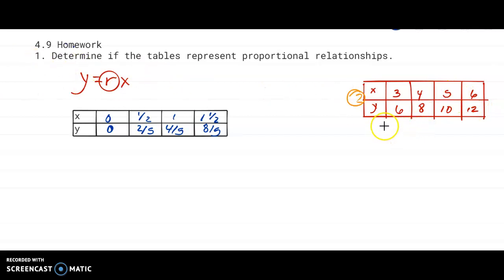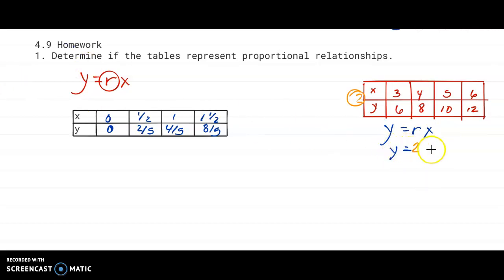So, if we have the formula y equals rx, and we look at it, we see that these are the x numbers, so 3 times 2 equals 6. 4 times 2 equals 8. 5 times 2 equals 10, 6 times 2 equals 12. That tells us that we're multiplying all of these x numbers by 2. That means 2 is our constant of proportionality.